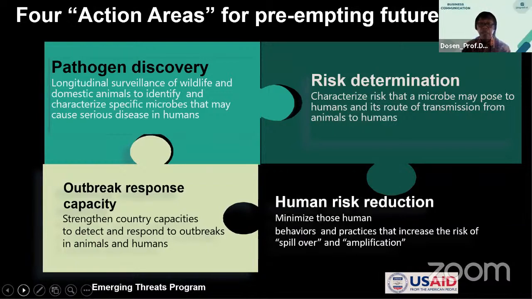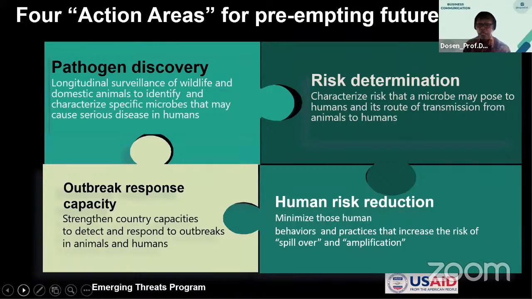Then we have human risk reduction to minimize the disease spillover from animal to human, or vice versa, and possibly also from human to animal.